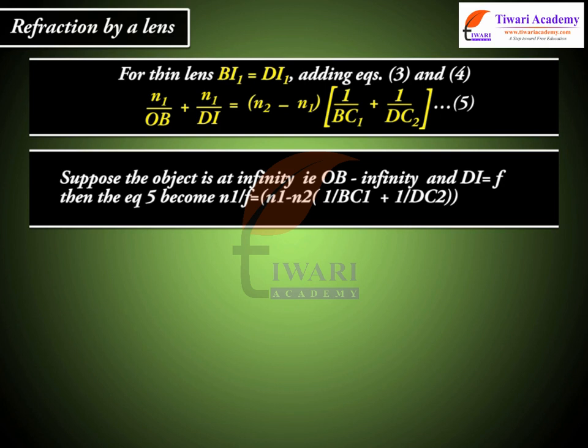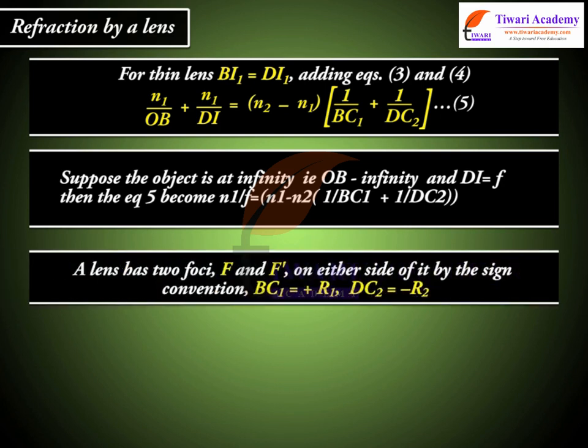Equation 5. A lens has two foci, f and f prime, on either side of it. By the sign convention, BC1 is equal to plus R1, DC2 is equal to minus R2.